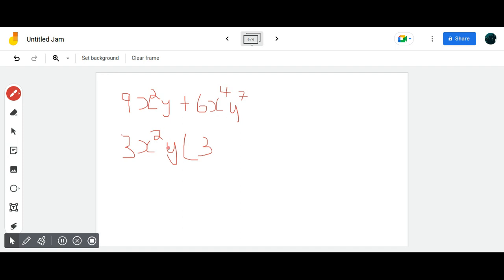3x squared y into 6x to the 4th y to the 7th is going to just give us plus 2, because 3 into 6 goes 2 times. X squared into x to the 4 goes x squared.